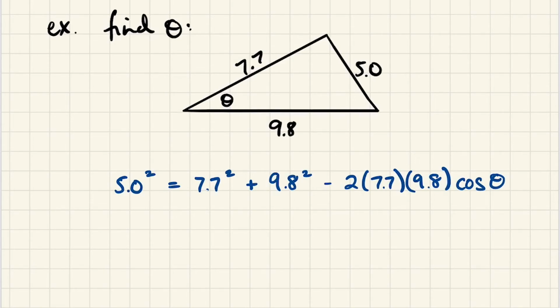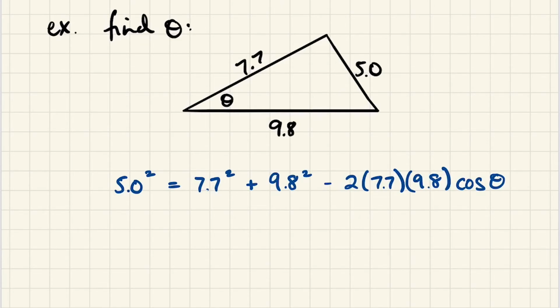So again, I want to stress that when you're using the law of cosines, the side that's isolated here, which is the 5, is the opposite to the angle that's in the cosine, right? They're opposite side and angle in the triangle, and of course they're opposite ends of the formula here. The other 2 sides in the formula are just the other 2 sides. They're adjacent to that angle, theta.